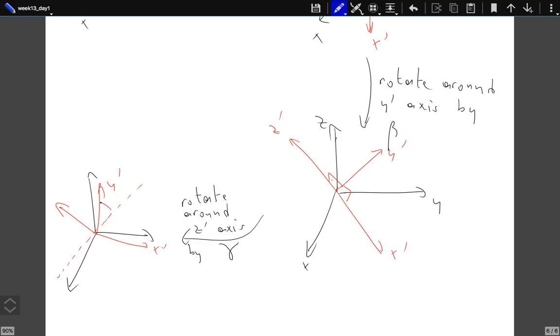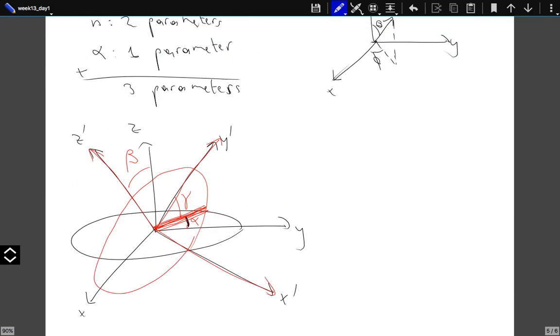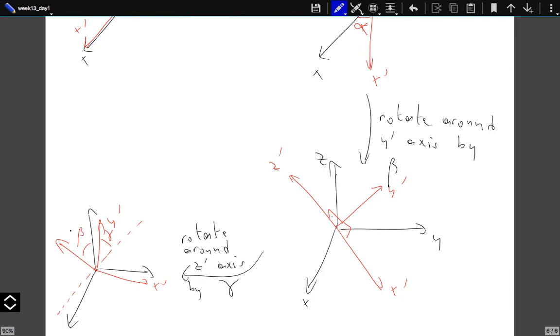And here, this is what we call gamma. This is what we called beta. And this is what we call alpha.